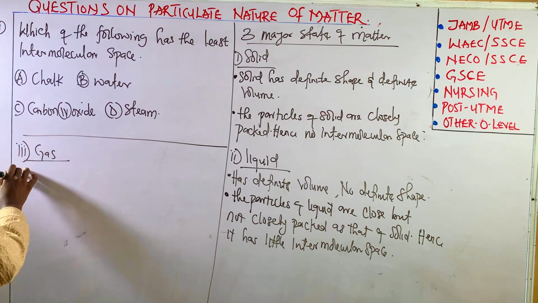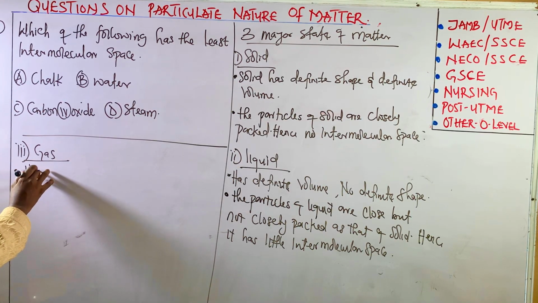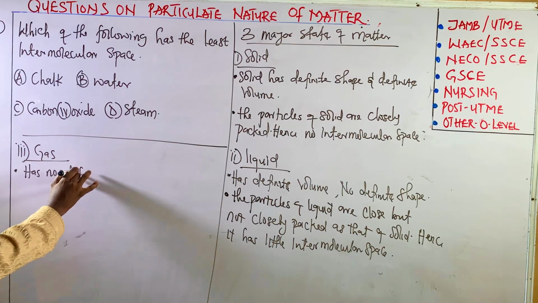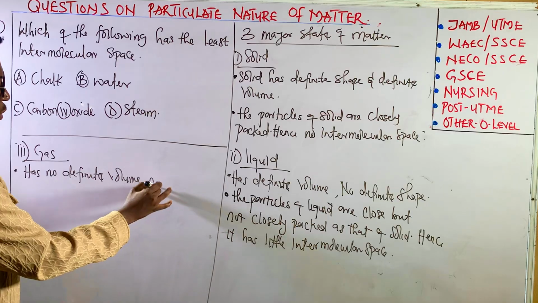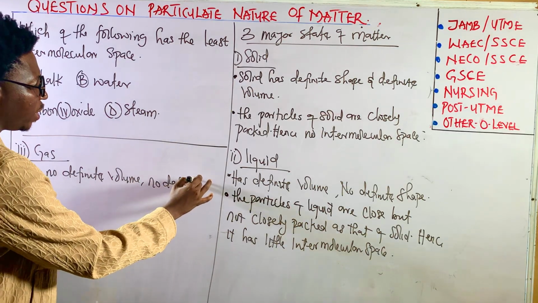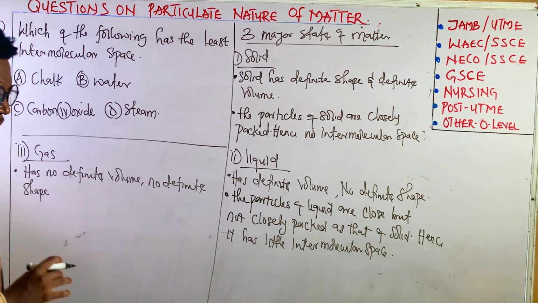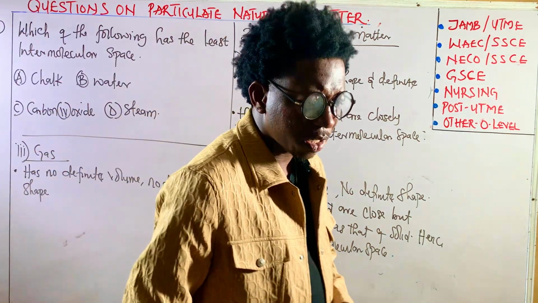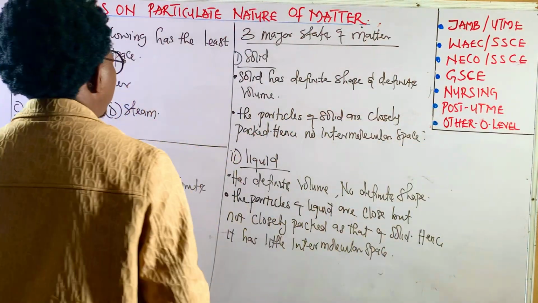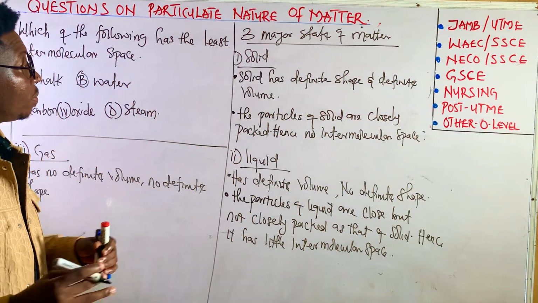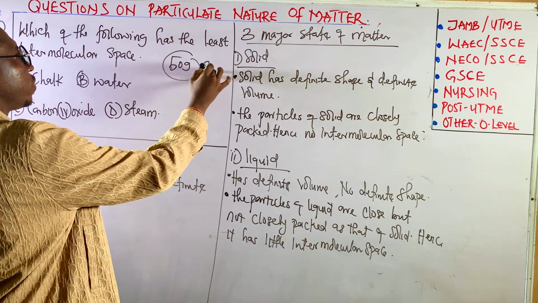Now, the gaseous state, the first point we should know is that it has no definite volume, no definite shape. What it means is that when we say no definite volume, for example, I have a certain amount of a gas. Let that gas be CO2. I have 50 grams of CO2.